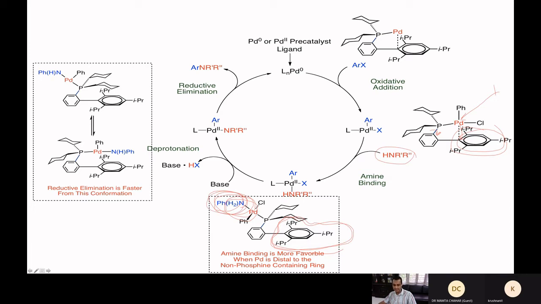And then HCl removal, H from this amine and Cl from here, gives you an intermediate where palladium is bound with nitrogen and palladium is bound with carbon. Now the reductive elimination between two reagents happens to give you a higher order amine. Primary amine gives you secondary amine gives you tertiary amine.